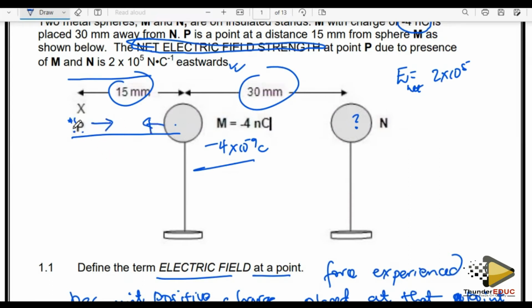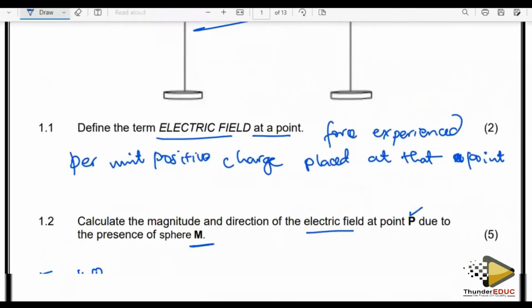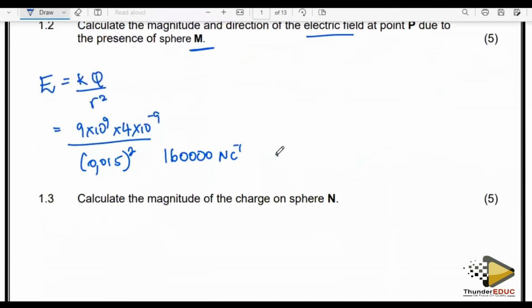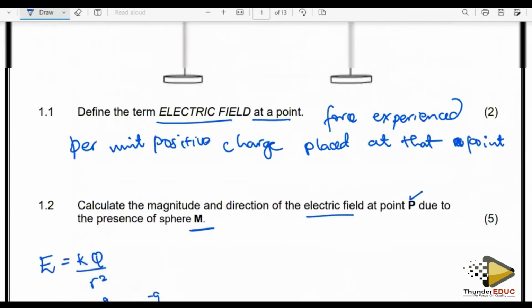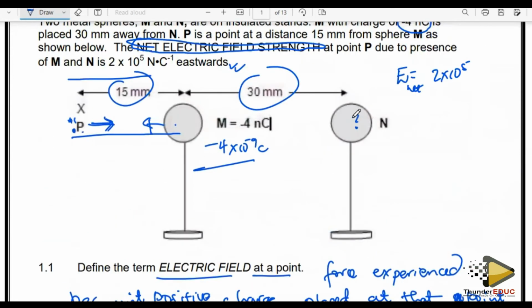So the field at P is moving to the east, or to the right. Then they want us to get the magnitude of the charge on N.